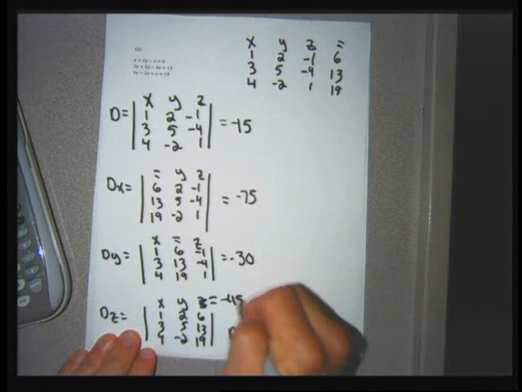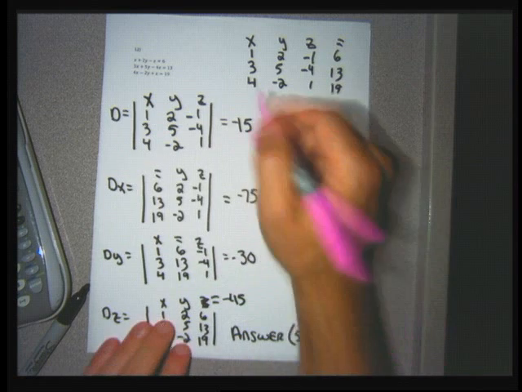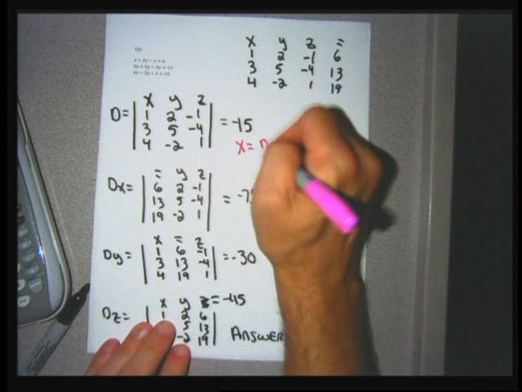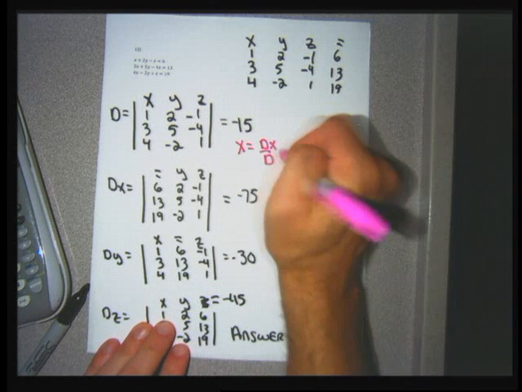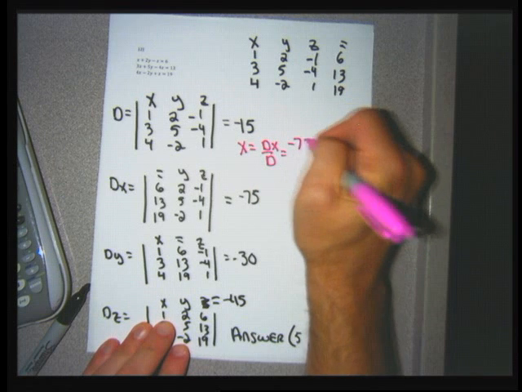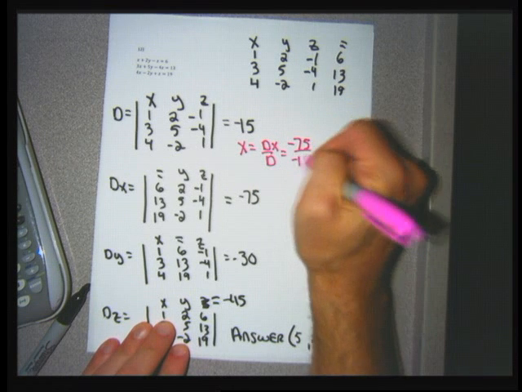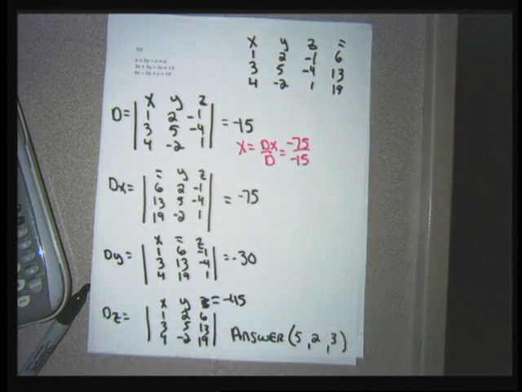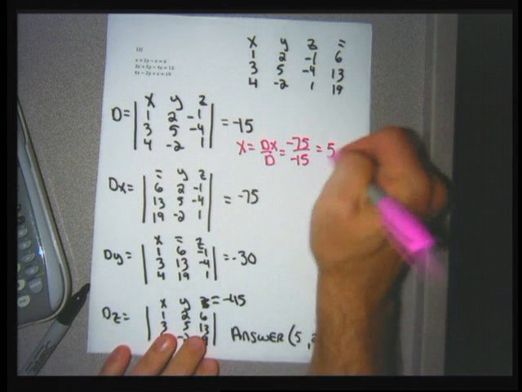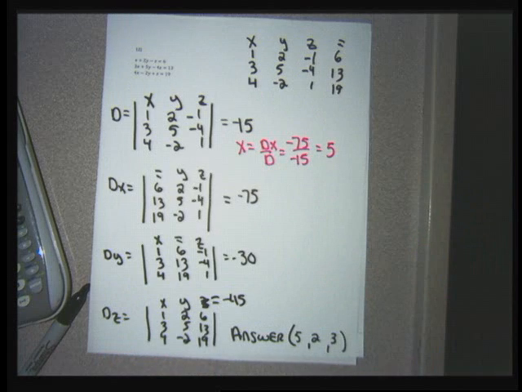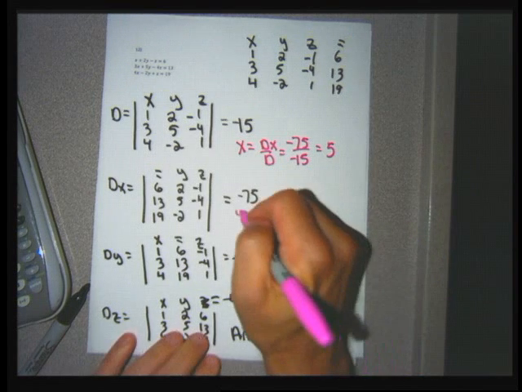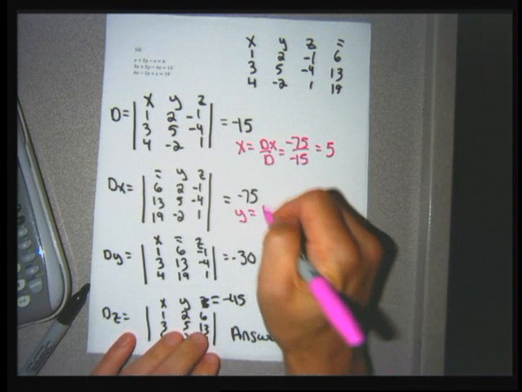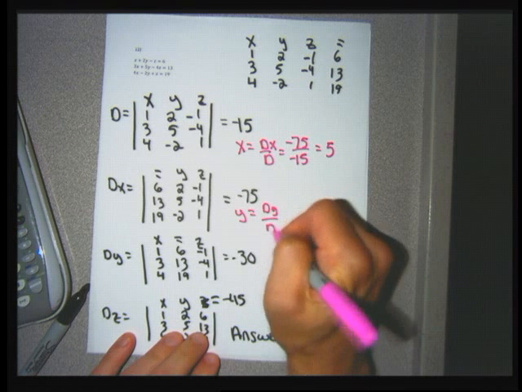Basically done, because now the x is going to be the D sub x number over the D number. The D sub x number is negative 75. The D number is negative 15. When I divide those, the two negatives cancel to be a positive, and 75 over 15 is 5. The y is going to be the D sub y number over the D number.